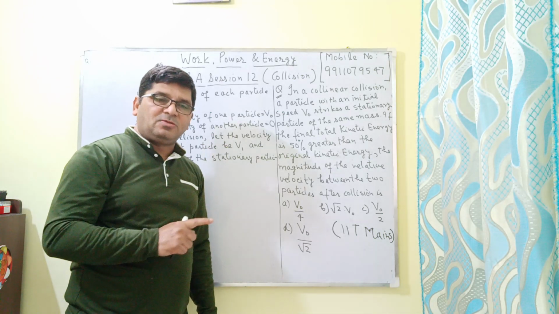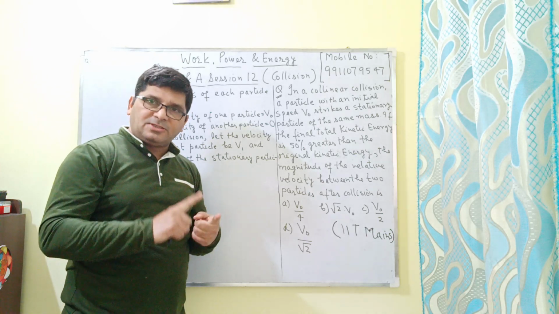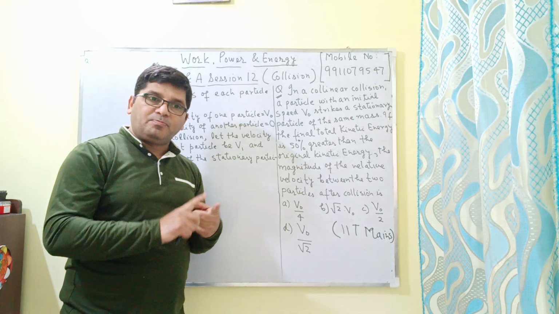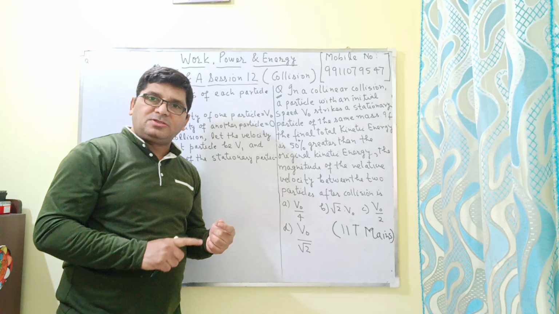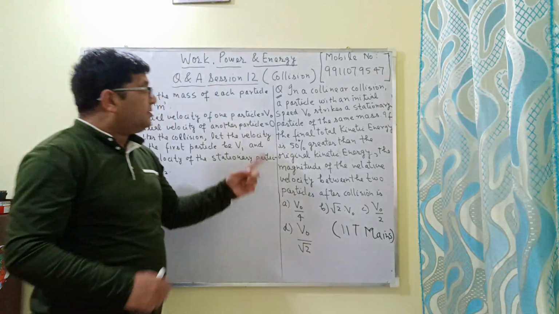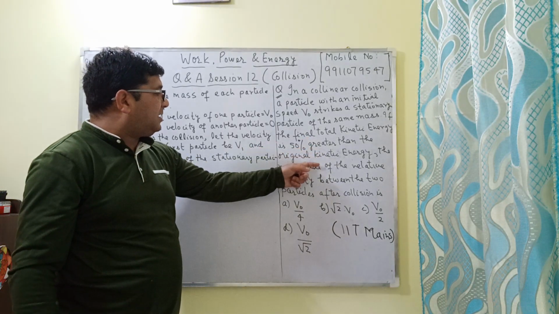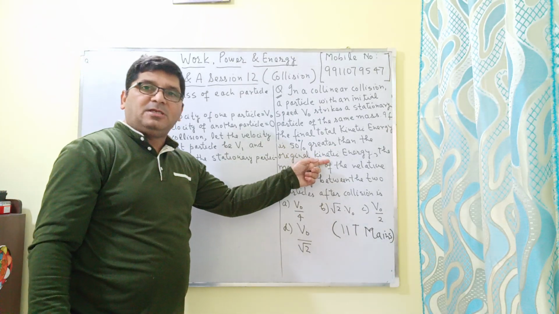In the inelastic collision, the total linear momentum and the total energy are conserved, whereas the total kinetic energy before the collision is not equal to the total kinetic energy after the collision. Since here the final kinetic energy is 50% greater than the original kinetic energy, this is an inelastic collision.